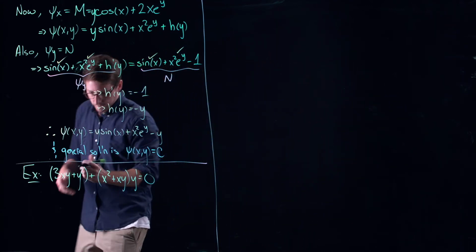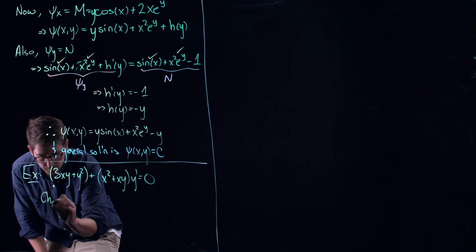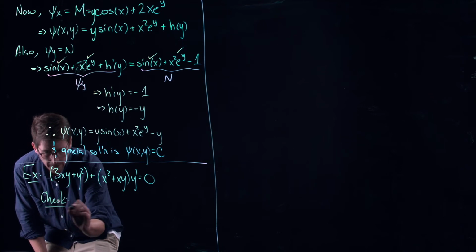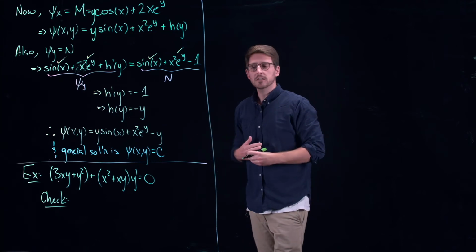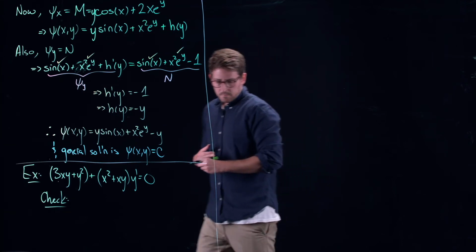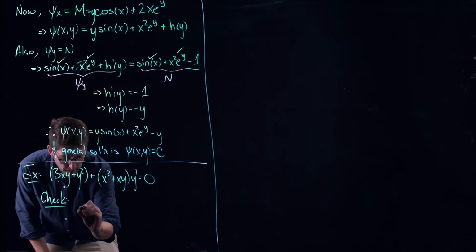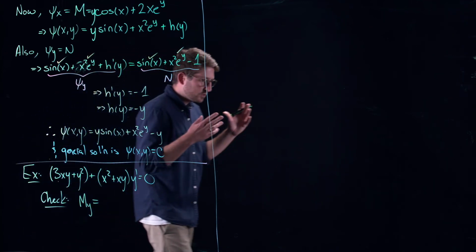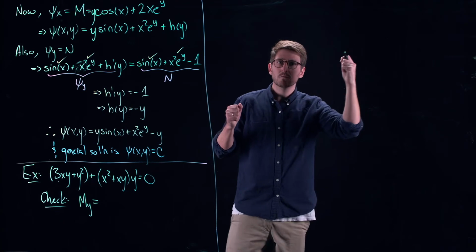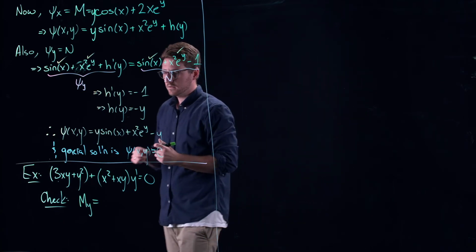And let's do the check. Remember, we can apply that theorem that I had written on the previous board. Rewind the video if you need to see it. All I needed to do was check that the partial derivative of M with respect to y is equal to the partial derivative of N with respect to x.